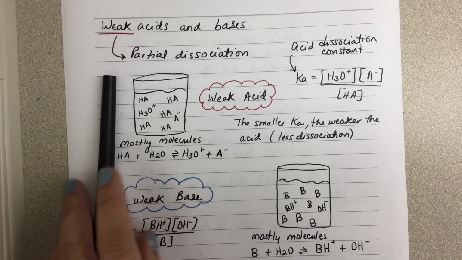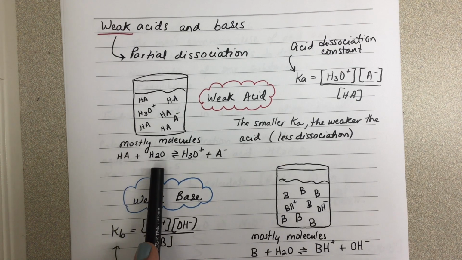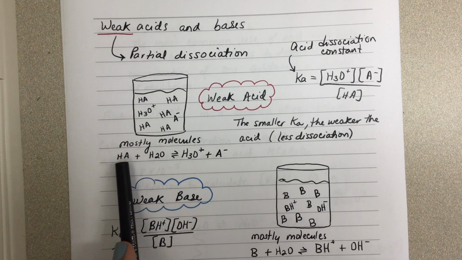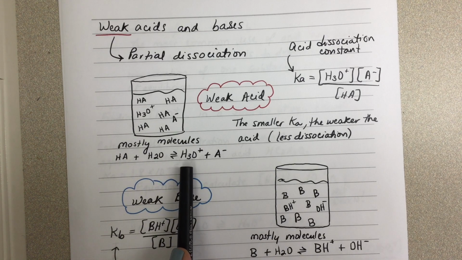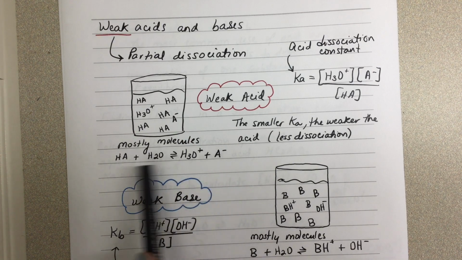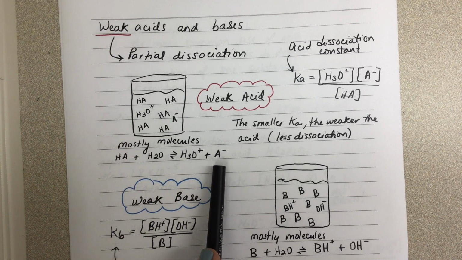So if I'm using here HA to represent a weak acid, when you put your weak acid in water, the acid will donate the proton and the water molecule will be accepting the proton. So the acid donating the proton to the water molecule is going to give you the hydronium ion and the negative part of your acid, which is going to give you the conjugate base of the acid.